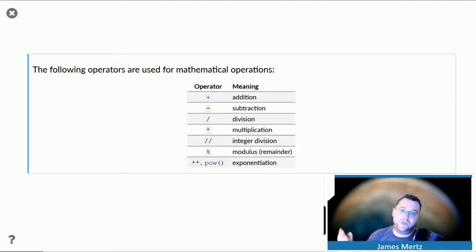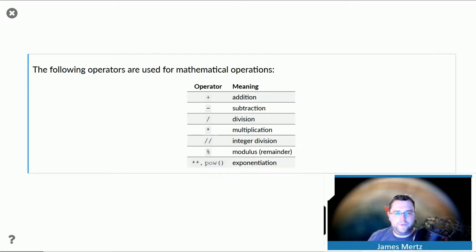So addition is combining two numbers. Subtraction is the subtraction of one number from another. Division is how many times does one number go into another number. Multiplication is how many times you take one number times another. Integer division, well, that's a little bit interesting.